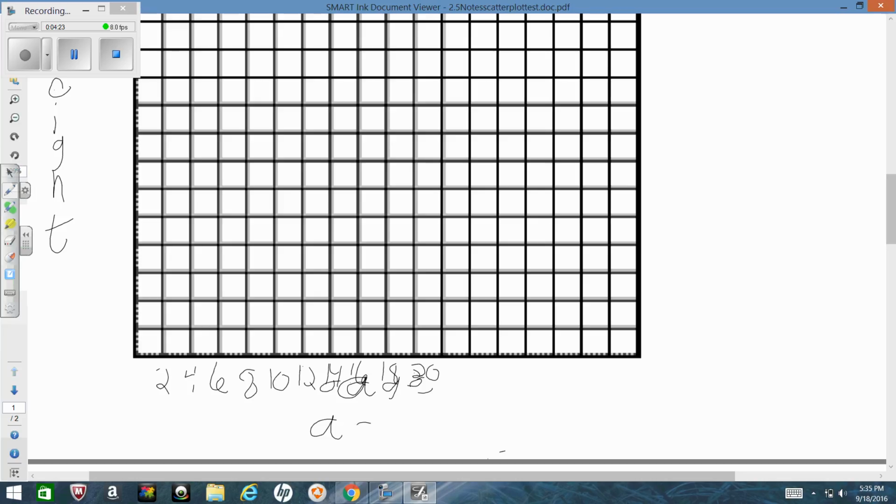Again, this was our age. Over here we have our heights. We're going to start by drawing our squiggly line, a break in our graph, and then start here and go by 5 starting at 20.